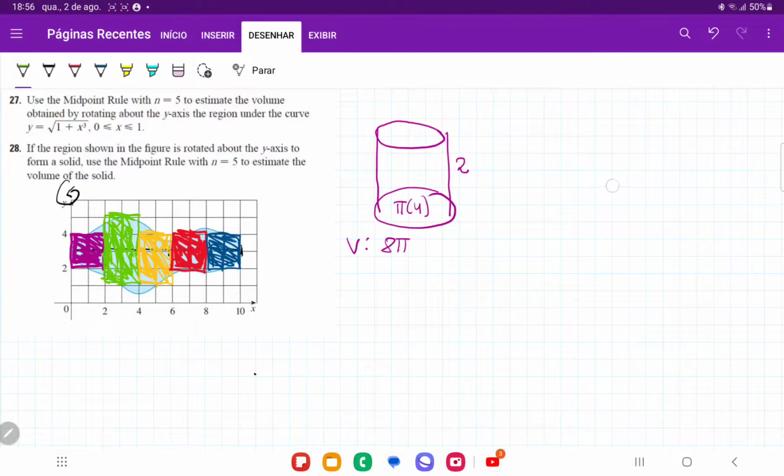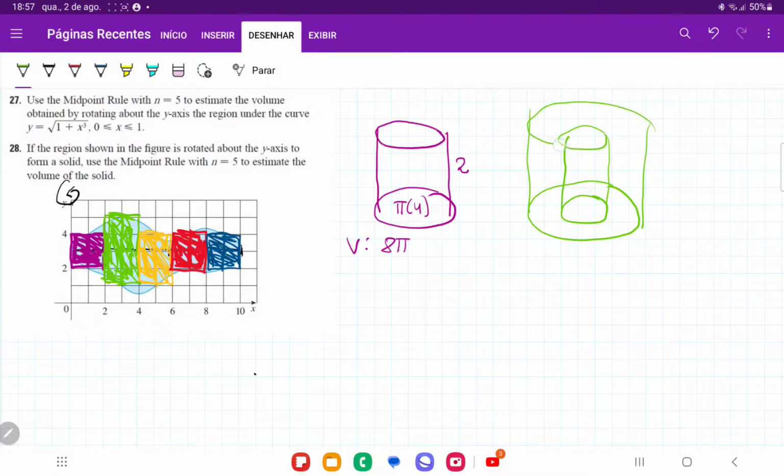So for the next one, when we revolve it, we're going to actually end up with a cylinder with a hole, right? So let's think about this volume here. Well, it has a height of 4, right? And what's the area? Well, the area here is pi times r1, that bigger circle, minus pi times r2, which is that smaller circle.